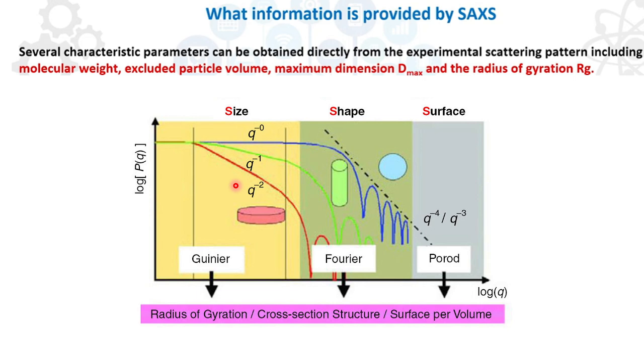Now, what information is provided by small angle X-ray scattering? We can get the size of the sample or particle.